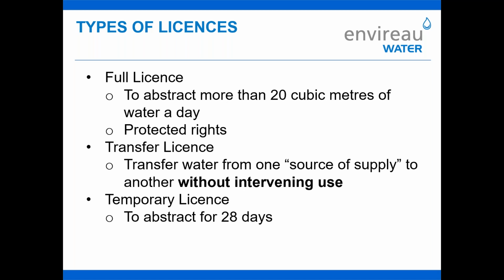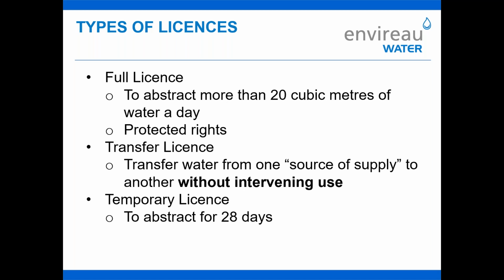There are a couple of important things to remember about a full license. One, with that license, you get a protected right to abstract that water. That means that the Environment Agency or Natural Resources Wales aren't allowed to issue a license to somebody else that would impact on your ability to abstract that water.